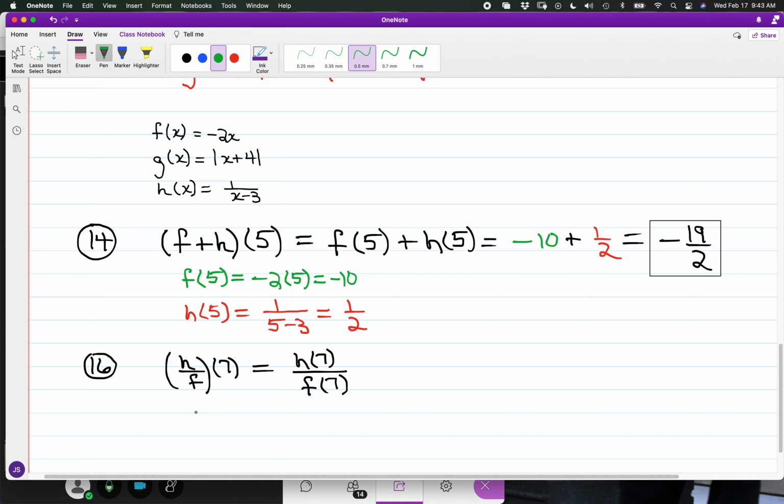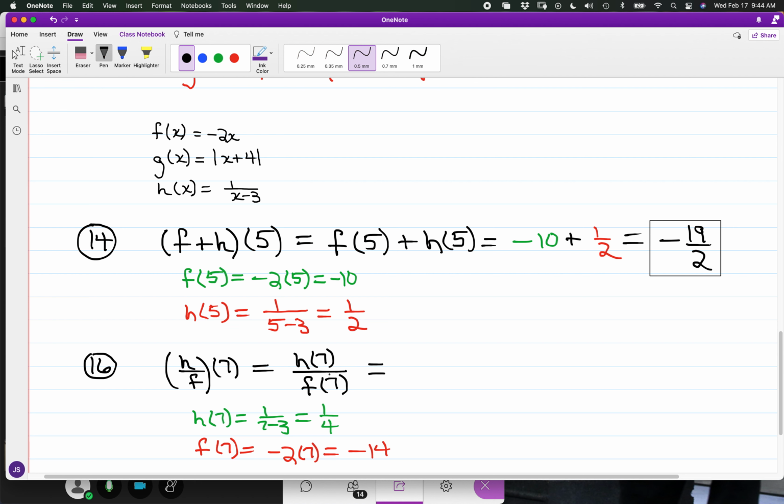With h of 7, again, h of x is equal to 1 over x minus 3, and with x at 7, we have 1 over 7 minus 3, which is going to be 1/4. As for f of 7, f of x is equal to negative 2x, so f of 7 is negative 2 times 7, which is negative 14.